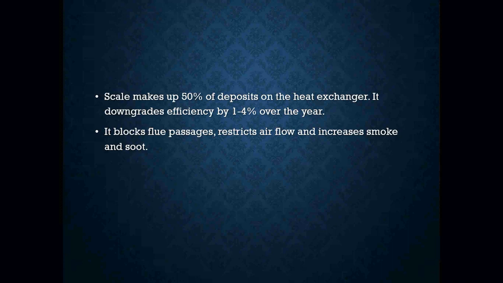That scale is going to block up your flue passages if you are not careful. It's going to restrict airflow and increase your smoke and soot. And if you really don't get it taken care of, eventually the fire department is probably going to come out for a chimney fire.